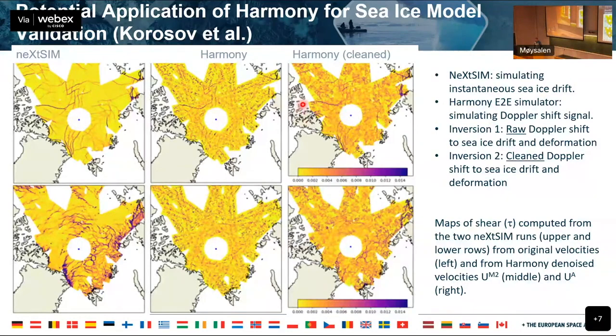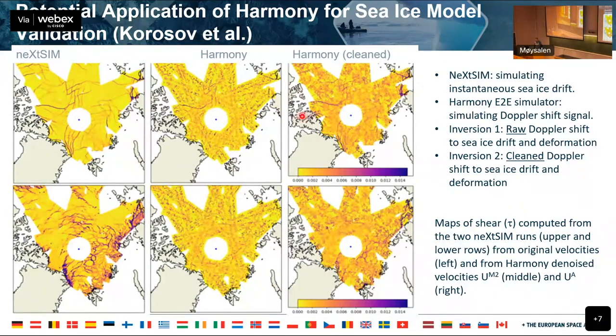And you can see that there is still a lot of noise in the ice drift from Harmony because the speeds are very low. And there is very strong thermal noise in the Doppler signal over sea ice at the level of the signal.